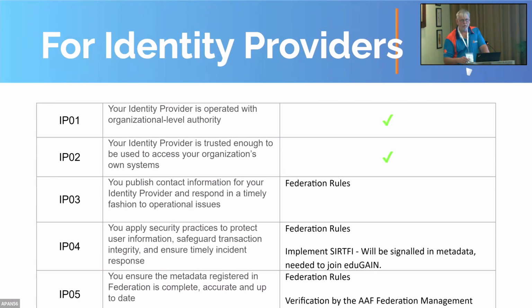The joining process has to be signed off by a person who has signing authority at the university to say, we want to be part of the Federation, we want to run an IDP in your Federation. So the CIO signs a thing saying, we're happy to participate. I think that covers us for is operated with organisational level authority because they've said they want to participate and it's one of their signing authority people.